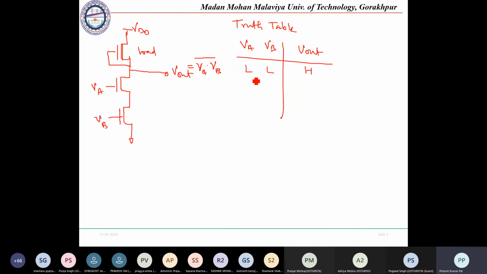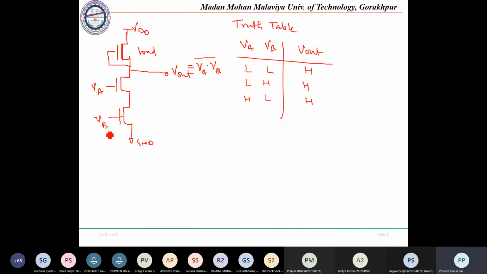Similarly, if any one is high but the other one is low, then the output is disconnected from the ground, and the output will again be high.